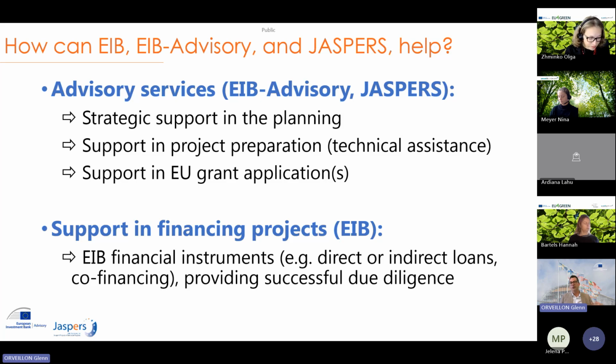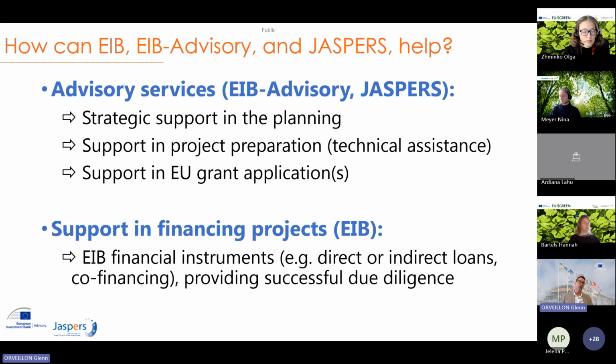We can guide you and help you develop the feasibility study, set the strategy, or work on the national waste management plan. We can help you with all these things, and at a certain moment, if needed, help you apply for a new grant.